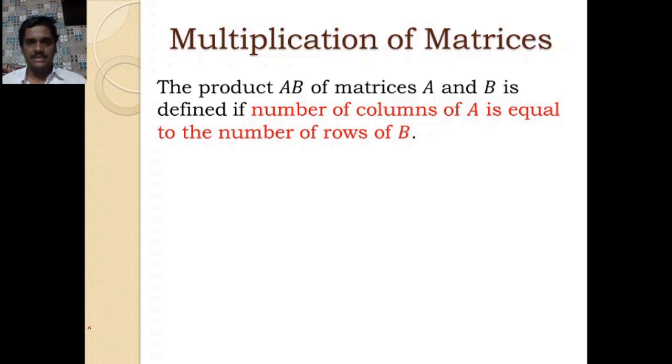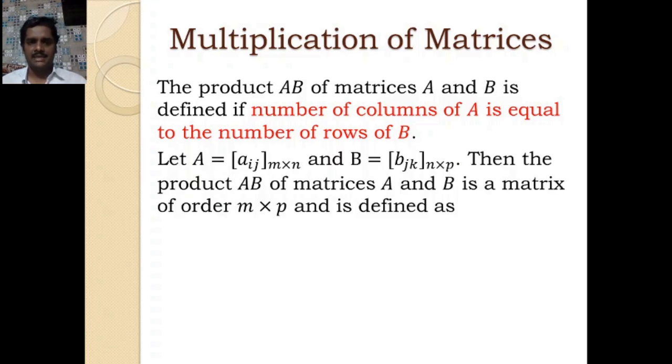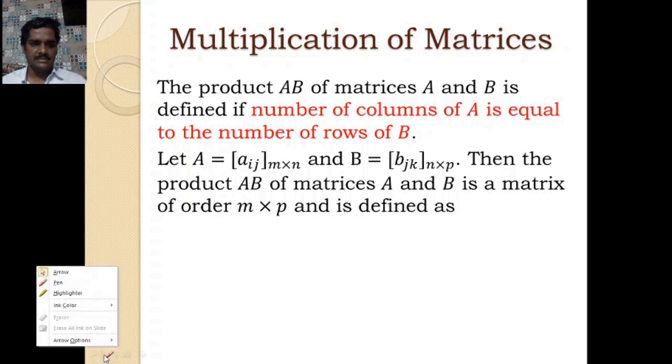Let's see the definition. I have taken a matrix A of order m by n and matrix B of order n by p, and if you observe, you can see the condition to define product AB is satisfied over here. What is the condition?